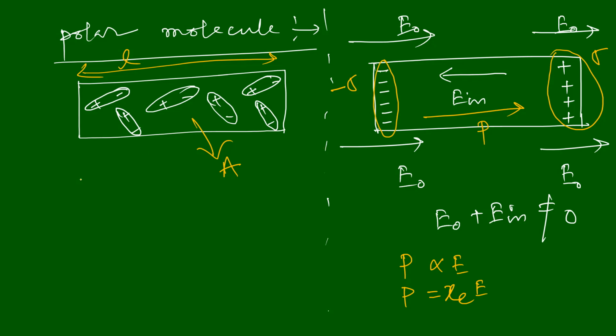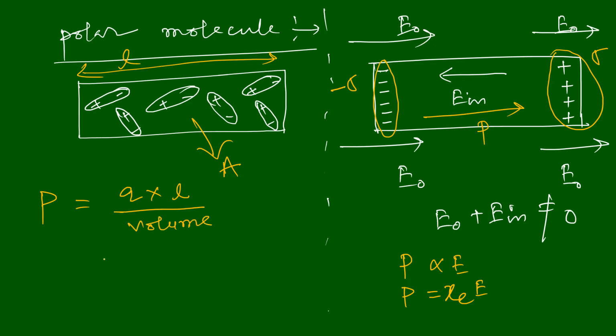So how should the polarization be represented? Polarization means the amount of dipole moment per unit volume. The dipole moment is the charge present multiplied by the length. In this case we are not assuming 2L, only the length L, divided by the volume, right?